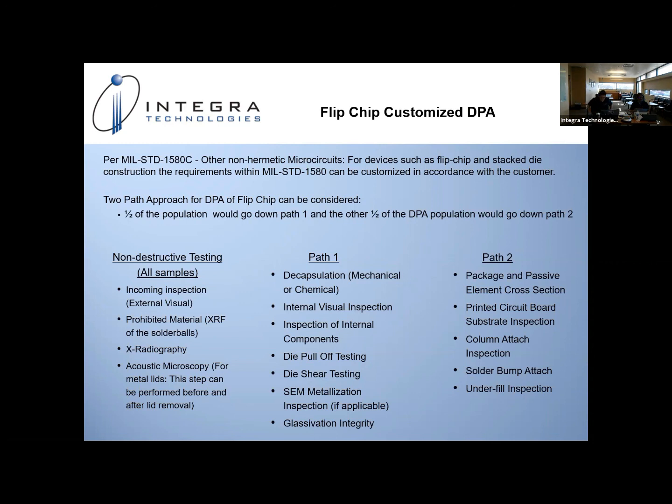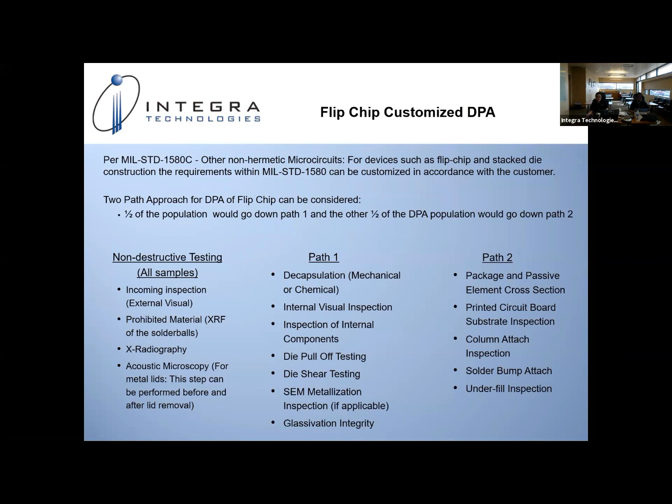All right. So flip chips, MIL-STD-1580 Revision C does now reference flip chips within section 16.5. Essentially, the tests within 1580 can be customized to determine a test flow. There is no specific paragraph right now for flip chips. Hopefully, eventually, there will be. Since we don't have criteria now, we propose a two-path approach.